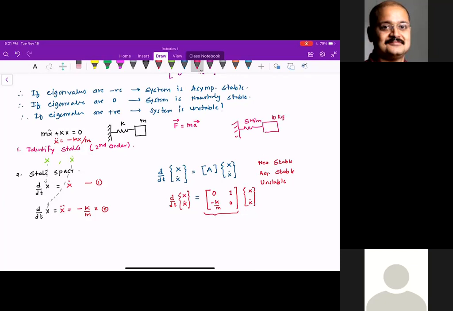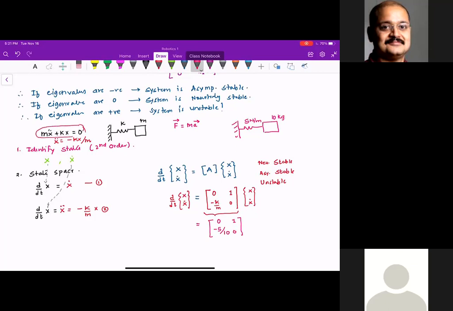So you'll place 0, 1, minus 5 over 10, 0. Okay, so what you're giving us is a formula. Yeah, but this is how we got that formula. This is the basic differential equation.